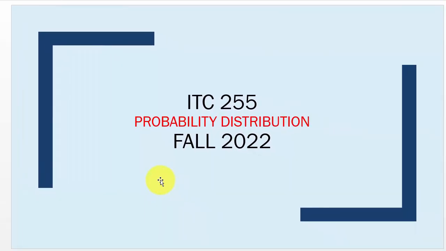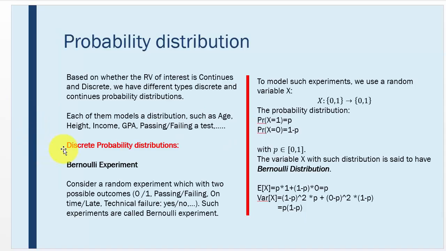Hi everybody, welcome to a new lecture of ITC 255 where we start discussing different types of probability distributions. Based on whether a given random variable is continuous or discrete, we have different types of discrete or continuous probability distributions.